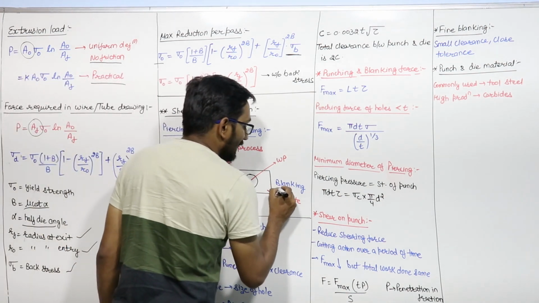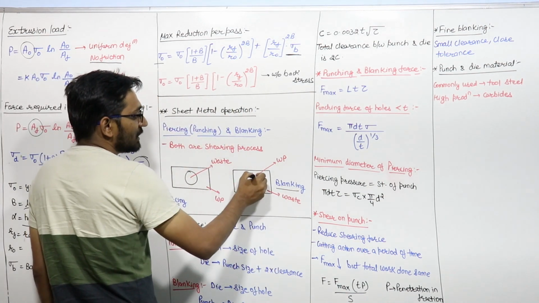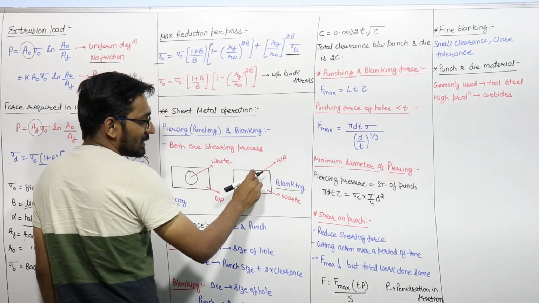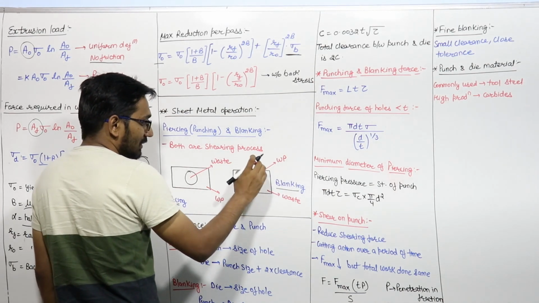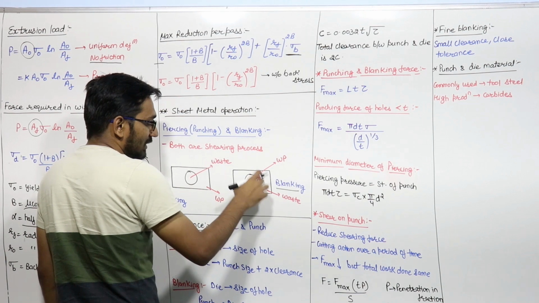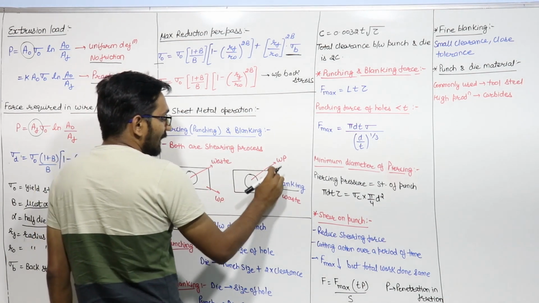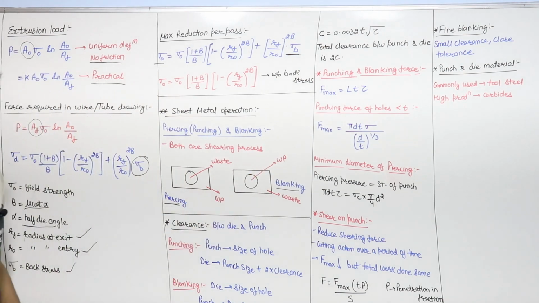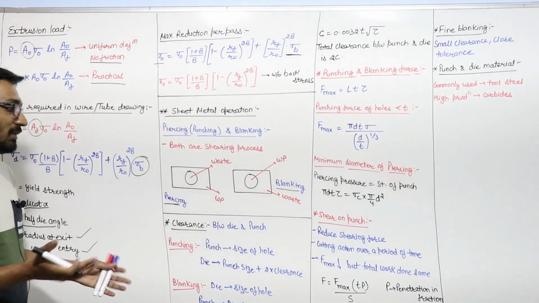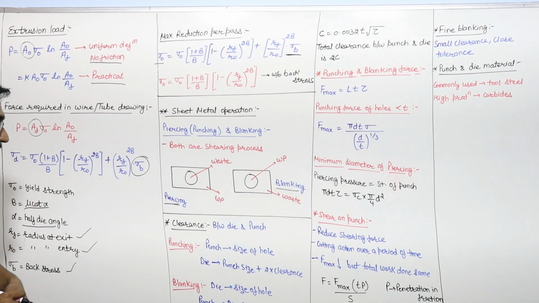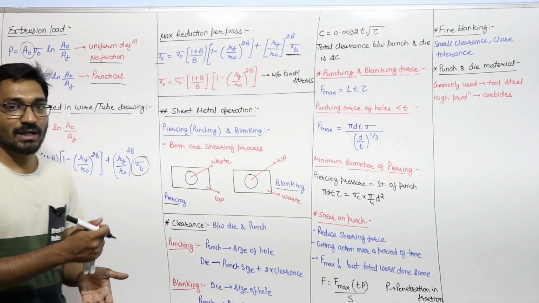In case of blanking, the material which is removed by punching, this circle, is the workpiece, and the remaining part is waste, right? So there is a difference between punching and blanking. Both are the same process, they just differ in what is the useful product and what is the waste.